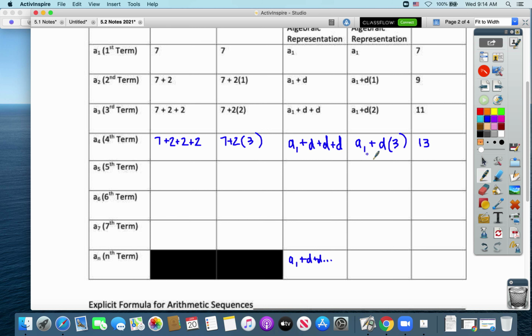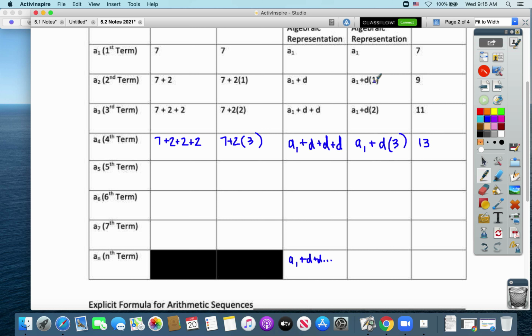So if we want to talk about how many times we are adding d, we need to look for the pattern here. So for the 4th term, we added it 3 times. For the 3rd term, we added it 2 times. For the 2nd term, we added it once.